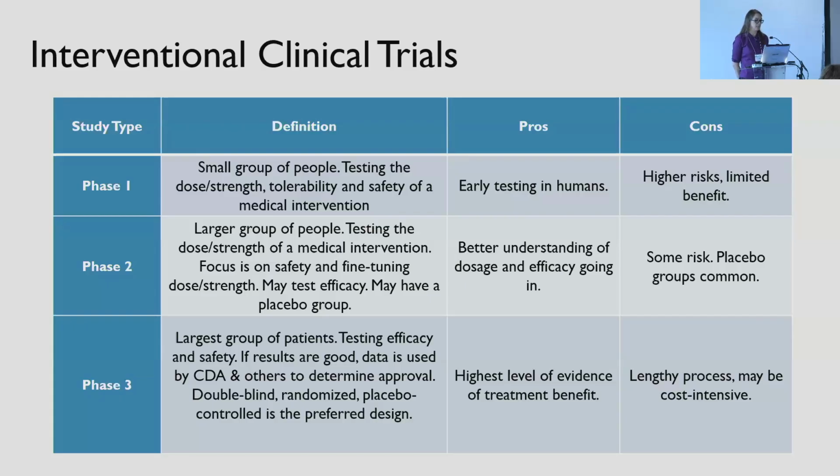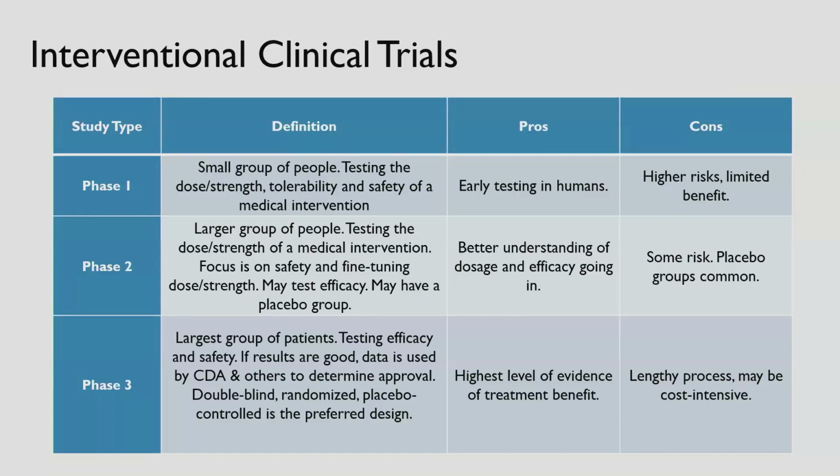And then phase 3 is the largest group of patients, looking at the efficacy and safety. If results are good and the data is used, it can determine approval. Often we see these double-blinded, and randomized, placebo-controlled is preferred. This is where we really get the highest level of evidence and treatment benefit.